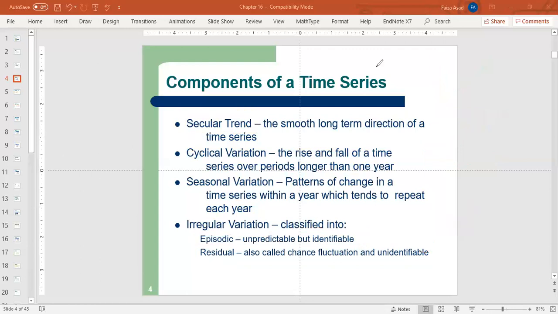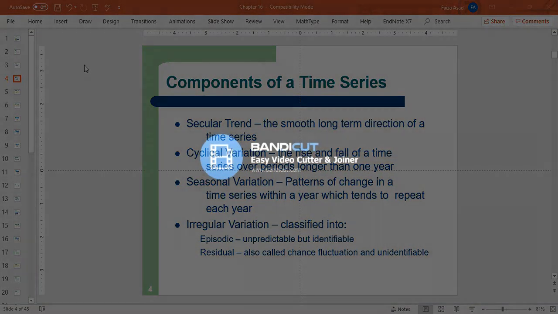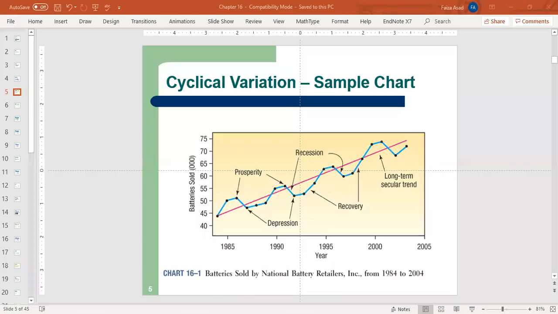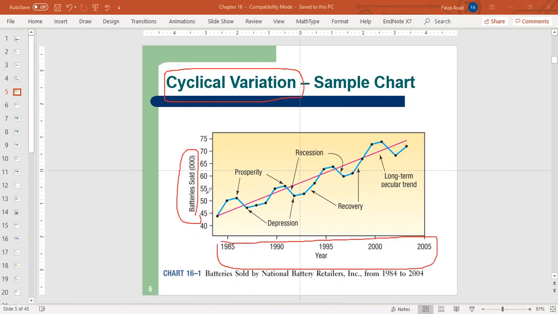So moving on to the next slide. In this slide, we are going to study the cyclical variation, and let's see how a business faces the cycle of up and down. Here the batteries sold are mentioned on this coordinate, and the years are mentioned over here. This blue line is showing the cyclical variation.